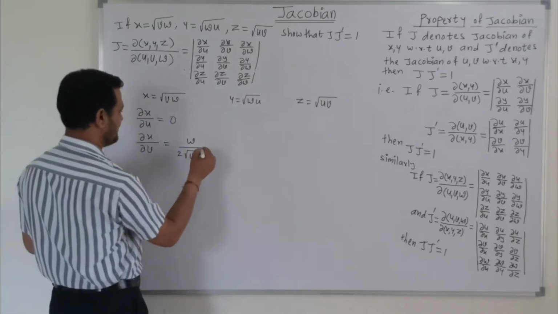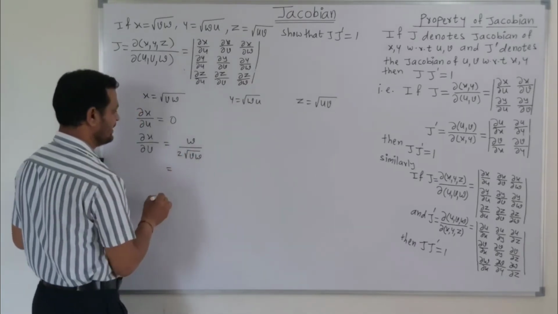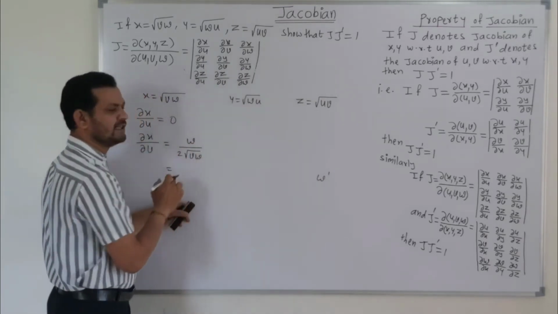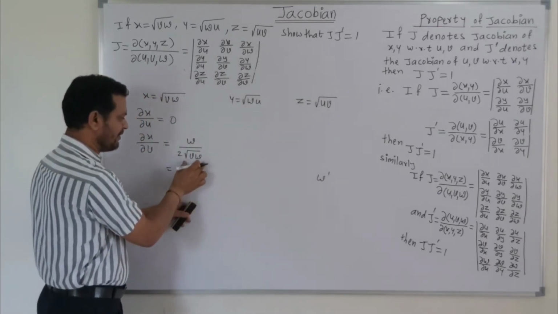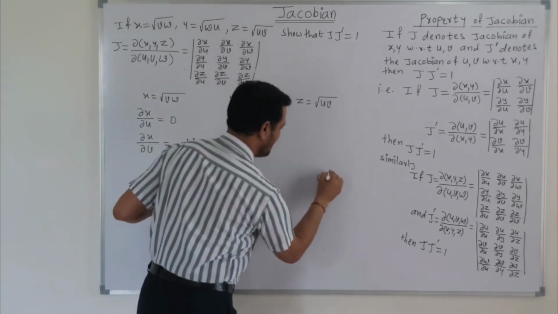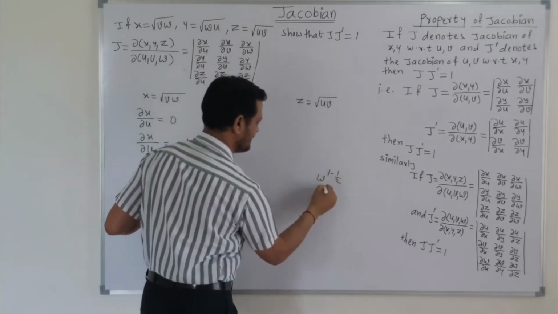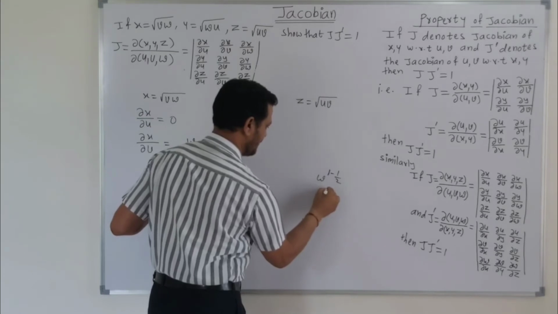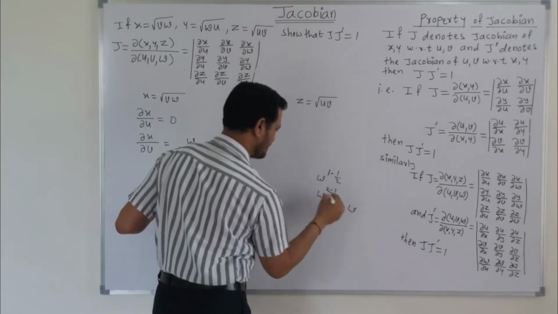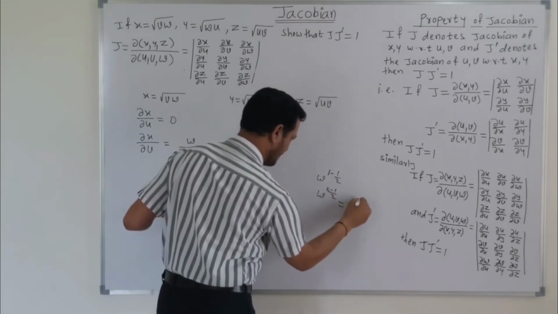If we once again try to simplify this, then we get w raised to power 1 in the numerator, and in the denominator the power of w is 1/2. When we take this in the numerator, this becomes 1 minus 1/2, so this becomes w raised to 2 minus 1 upon 2. That means this is w raised to 1 by 2.